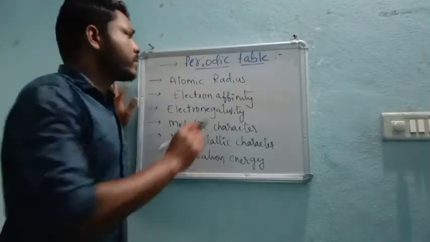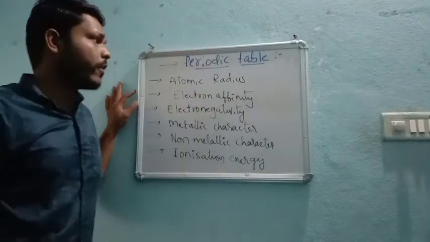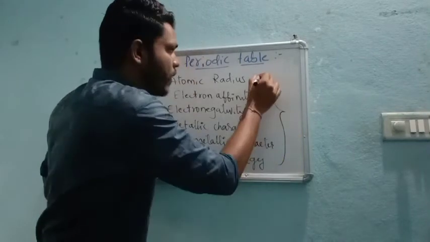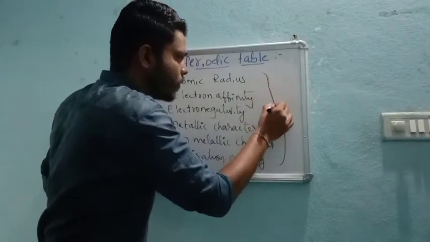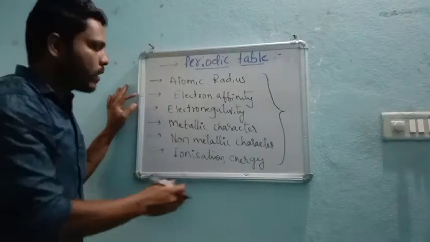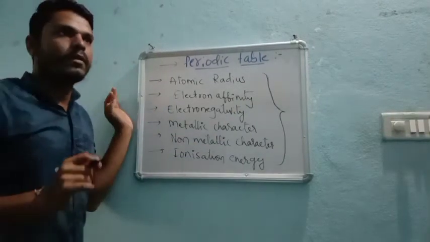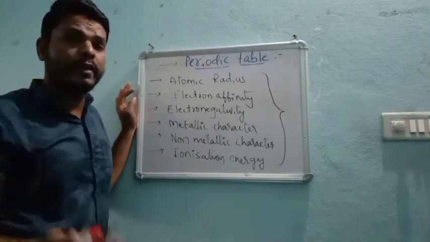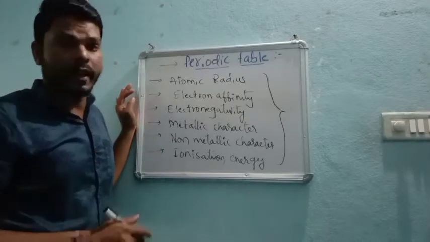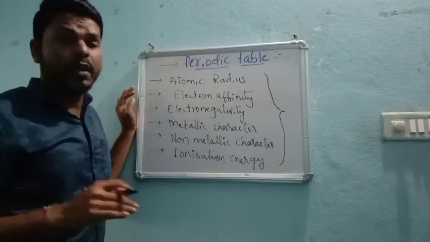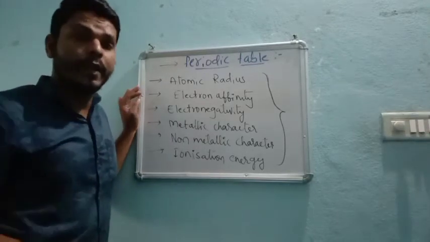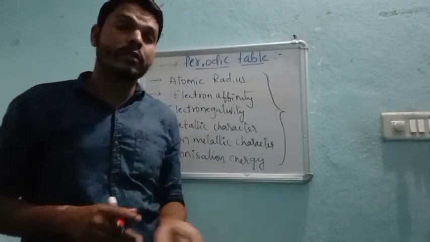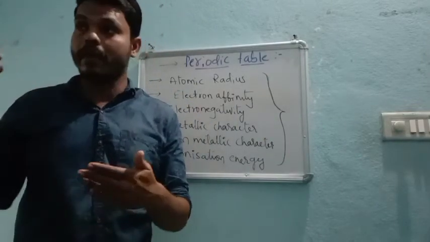After having the introduction about the periodic table, these things will play a very important role. If you come to know what these things are, then it will be very easy for us to write the chemical reaction, and to know the oxidation number of an element, and how many oxygen one hydrogen can react with, or how many hydrogen one oxygen can react with.